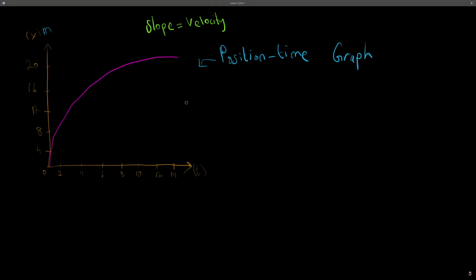Now, if we look at this position time graph here, we have a curved line. Whenever we see a curved line, we know immediately that it's to the second degree, so the degree would be 2.